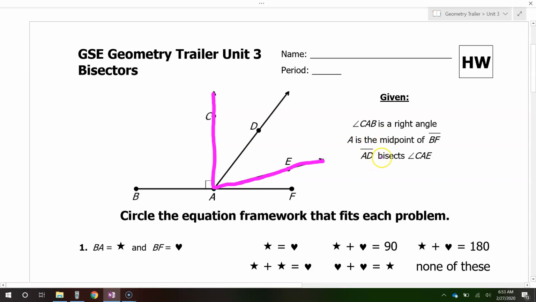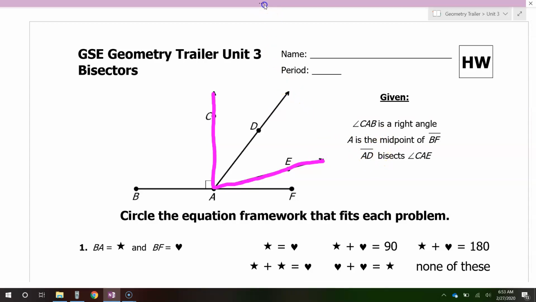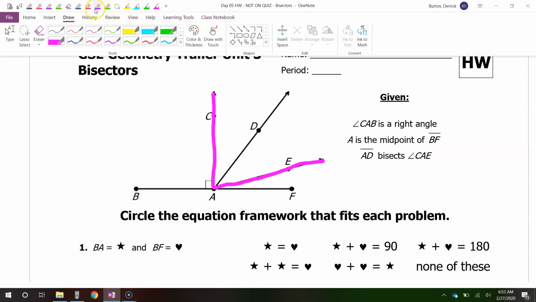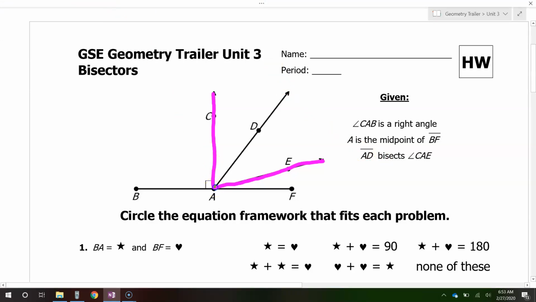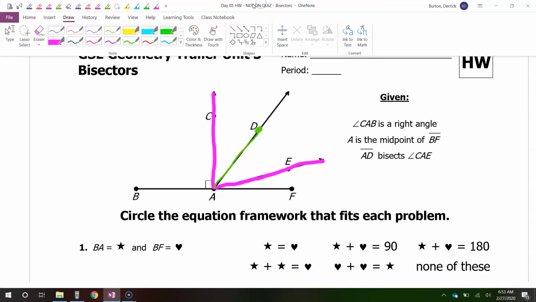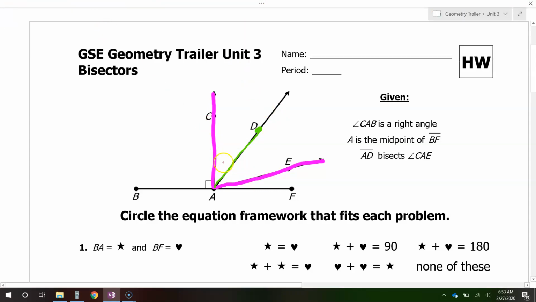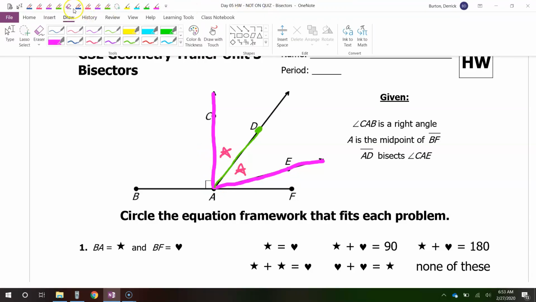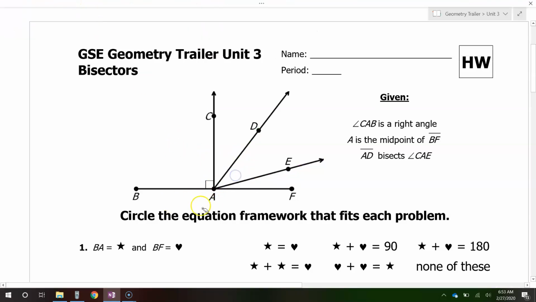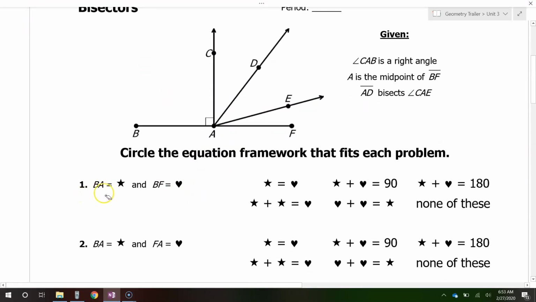If segment AD bisects this, that means this segment right here cuts the angle in half. So this angle and this angle will be equal. They will be congruent. That is all the information that we are given, so just keep that in the back of your mind as we discuss.